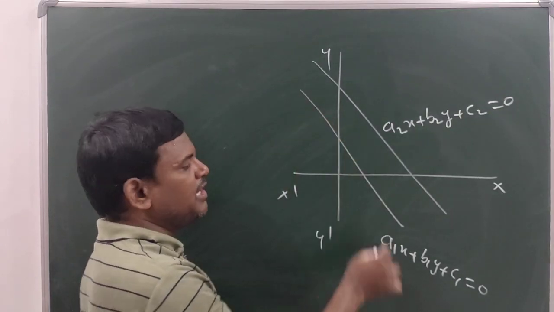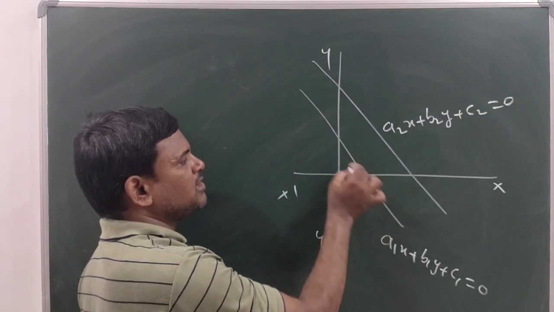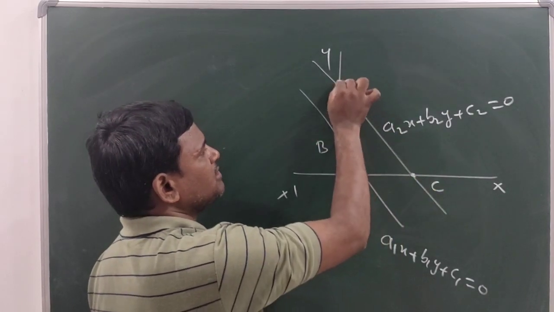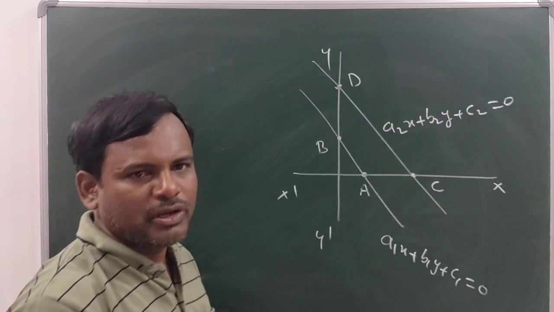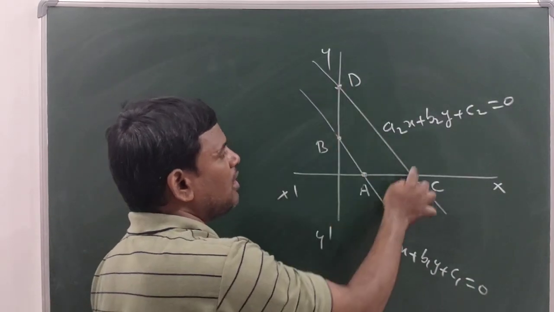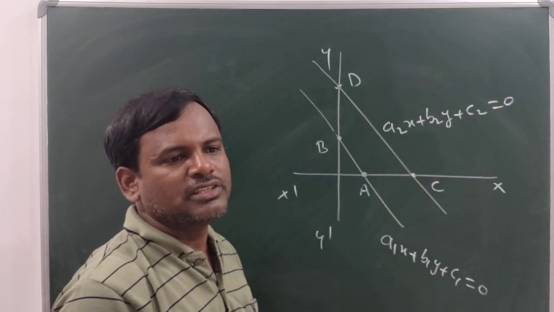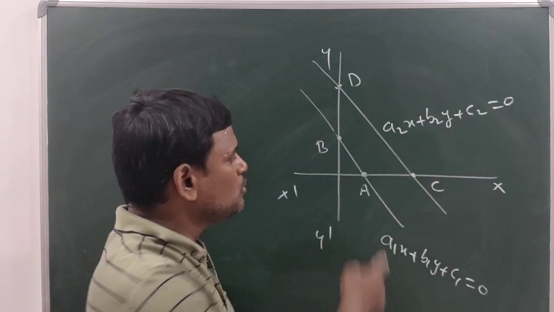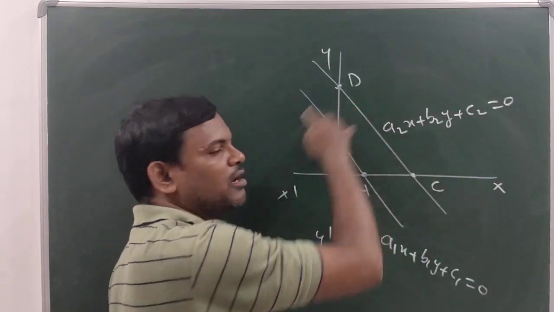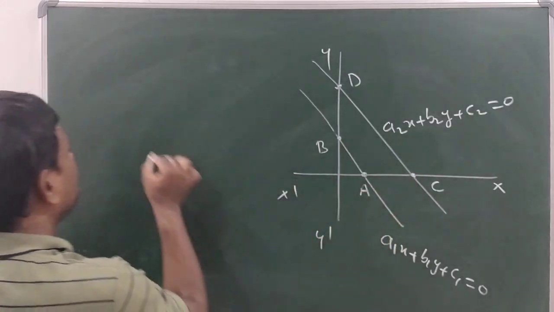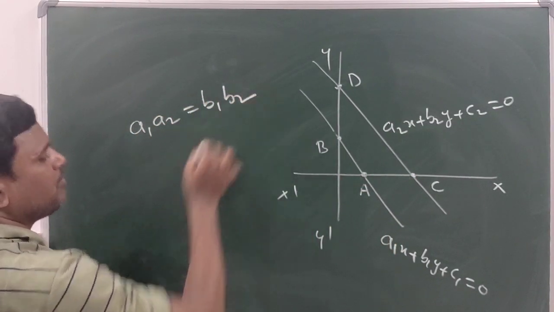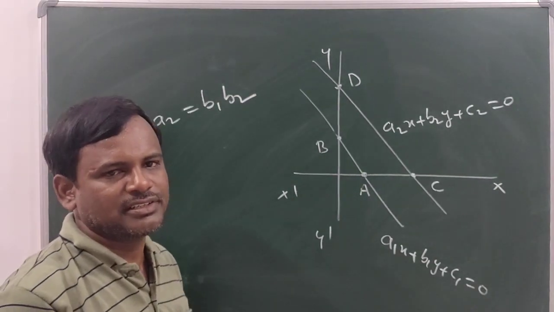These 2 lines are intersecting the x-axis at A, y-axis at B, and x-axis at C, y-axis at D. Now my question is, if these 4 points are concyclic, those 4 should be lying on the same circle. If these 4 are lying on the same circle, then we get this condition a1 a2 is equal to b1 b2. Just remember it like a standard result.